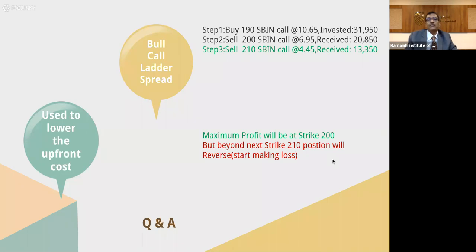So to summarize what we did in this webinar: we discussed some of the basic option terminology based on the survey which I did for the webinar. Number two, we used select option strategies for the Indian derivatives market.